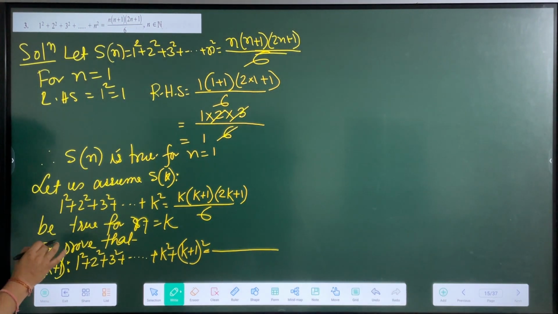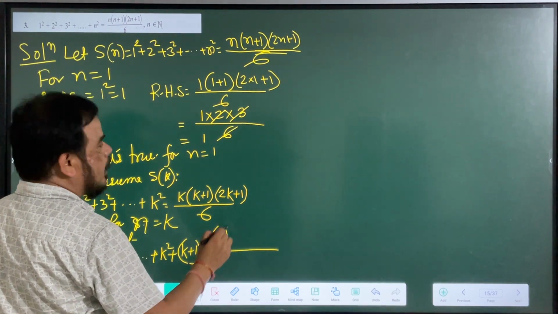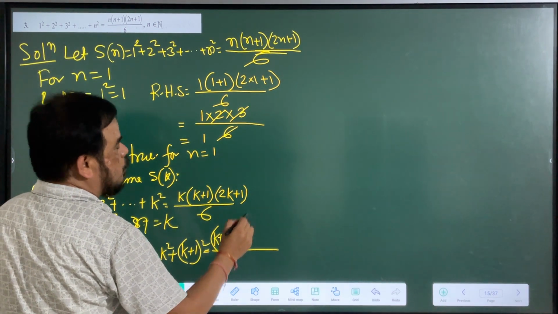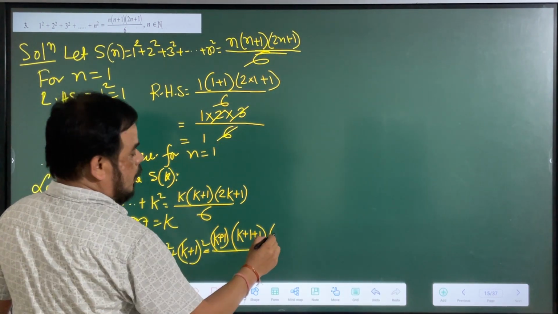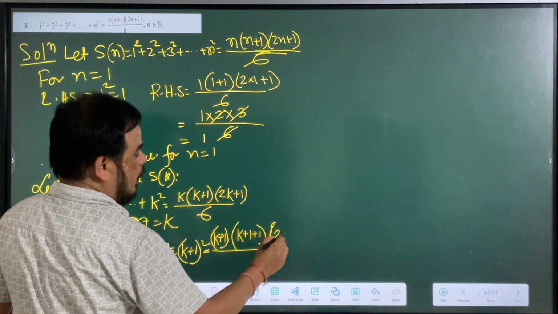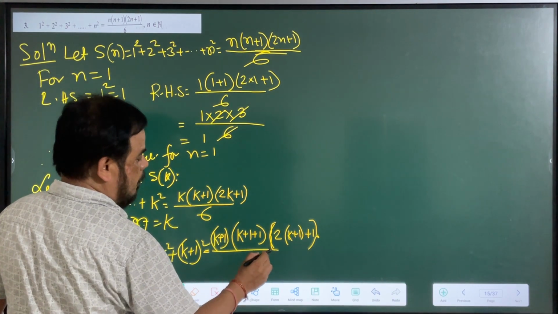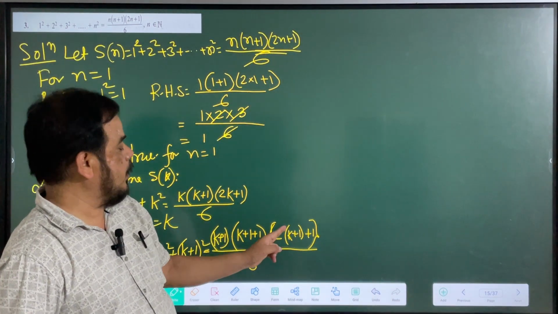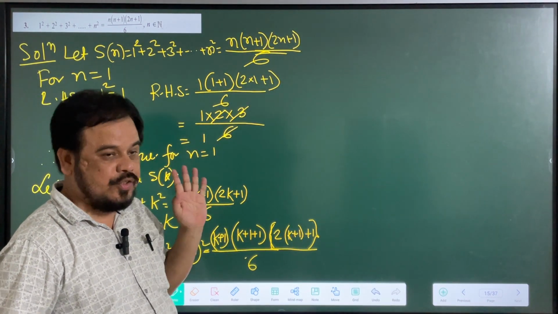Remember that. So n becomes k plus 1, then the bracket n plus 1 means k plus 1 plus 1, and again 2n becomes 2 into k plus 1, plus 1, all by 6. I hope you understand. 2 is as it is, in place of n, k plus 1 is written, then plus 1 as it is.